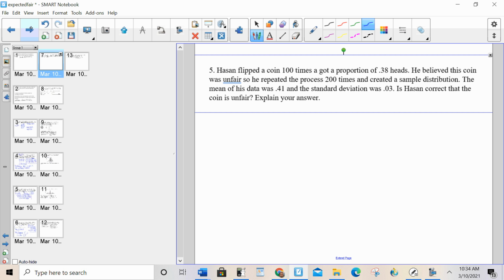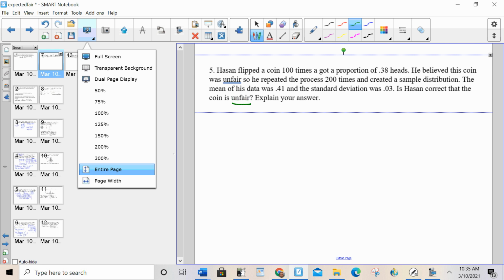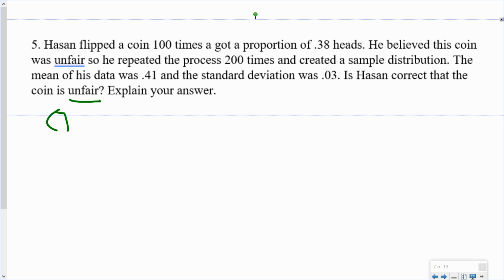Okay. So again, let's talk about what you need to know to start this question. If I want to know if the coin is fair or unfair, I need to see if 0.5, the theoretical probability, falls inside the confidence interval. So the confidence interval is the mean plus and minus 2 times the standard deviation.